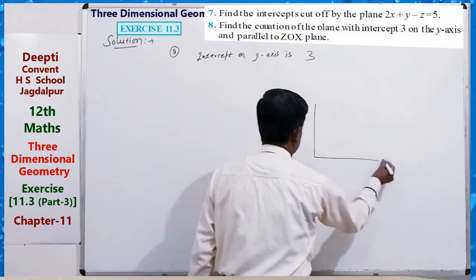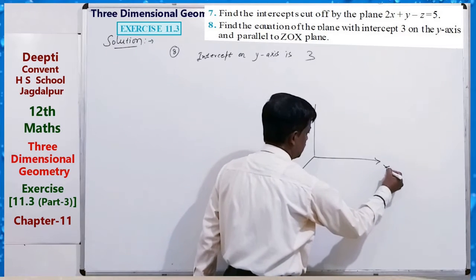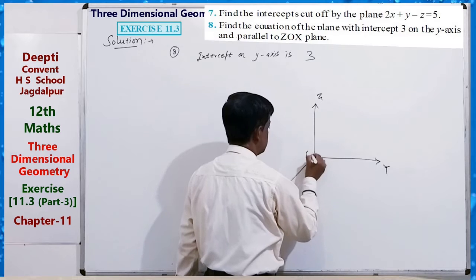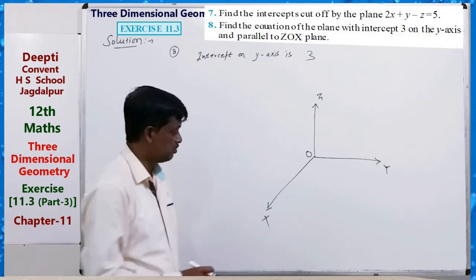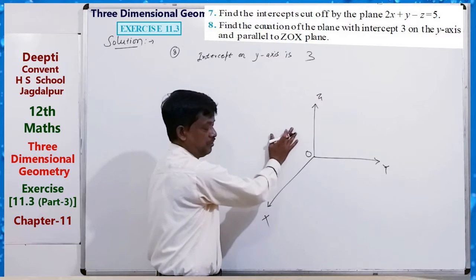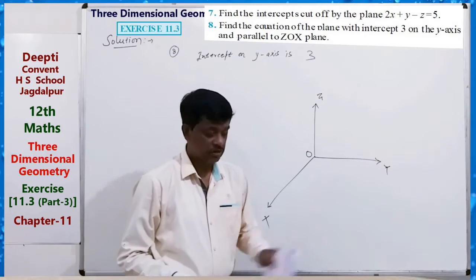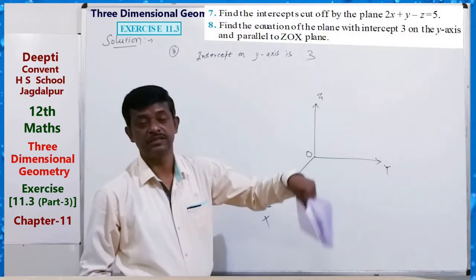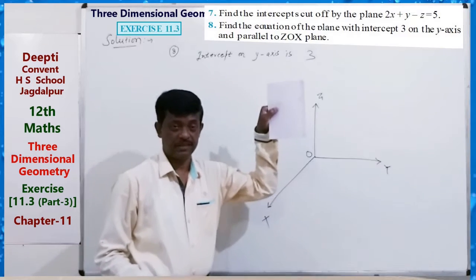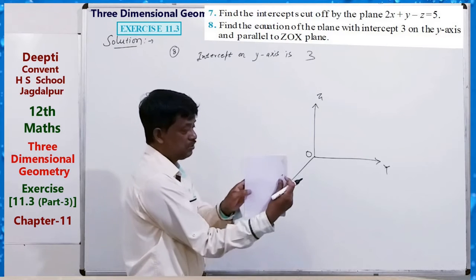Just we are writing like this: x-axis, y-axis, z-axis. This is the origin. Now what does the ZOX plane mean? ZOX plane means this plane.